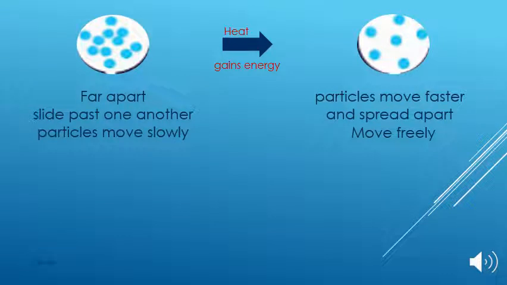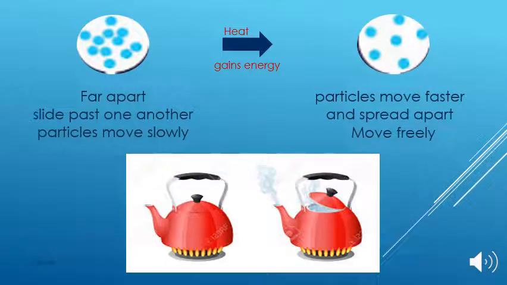This is the way the particles are in a gas. An example of changing from a liquid to a gas: when you are making tea, you will boil the water. After a while, you will see that there is water vapor going out. So this is from liquid to gas.